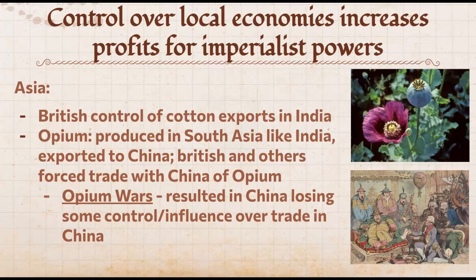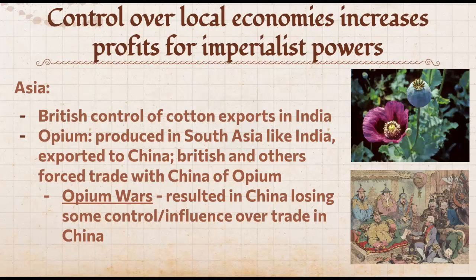If you do not know what opium is, it's like a component to the drug heroin. It is very addictive. So with that, the British are going to force China to trade with Britain and other European powers for opium, and then it's going to circle back into the Chinese population.